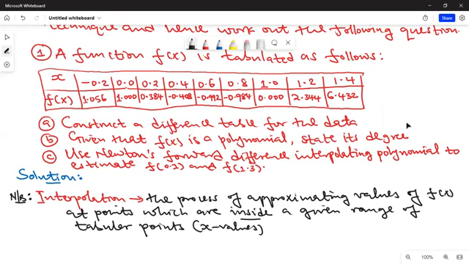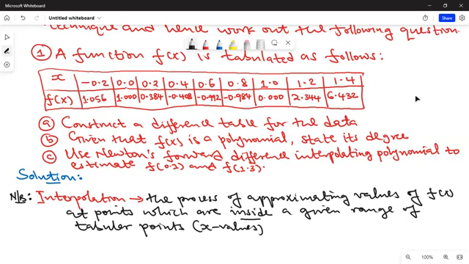Similarly, when x is maybe 1.1, because that is between 1.0 and 1.2, you can be able to find the corresponding value of f of x. As long as your x values range from negative 0.2 to positive 1.4. So values of x between that interval of negative 0.2 and positive 1.4, you can be able to predict the f of x values.